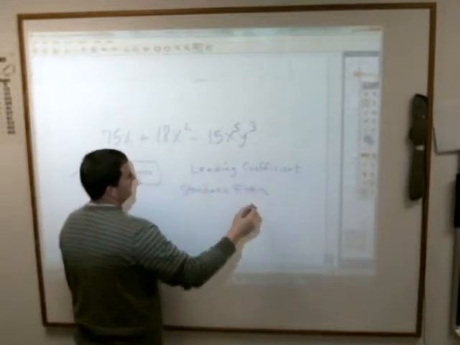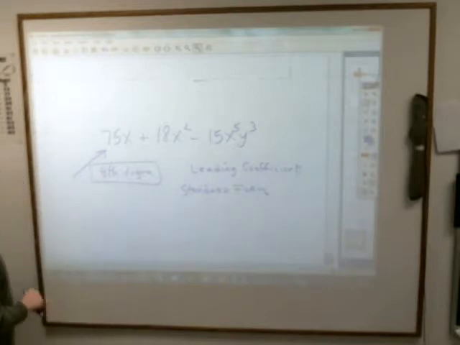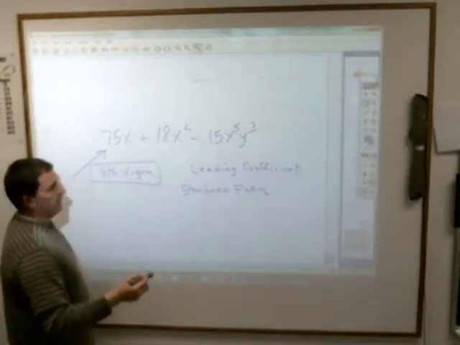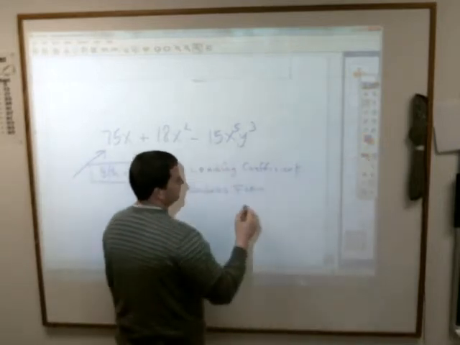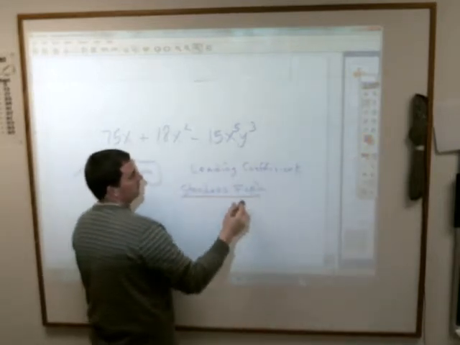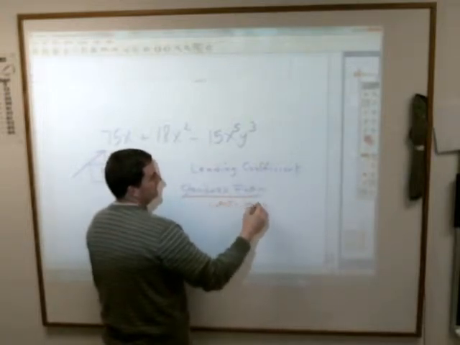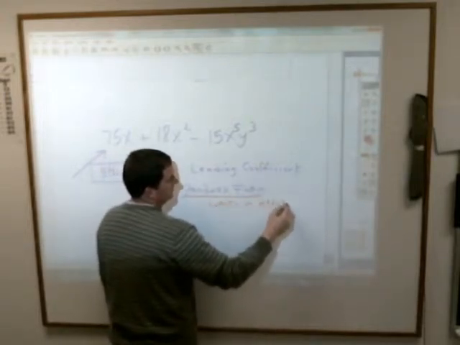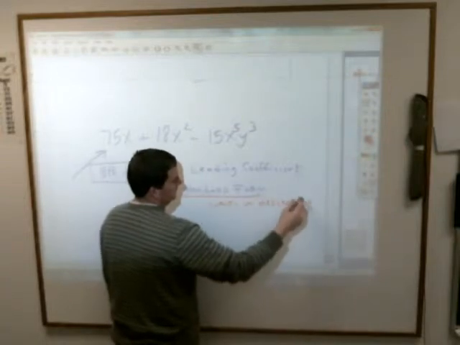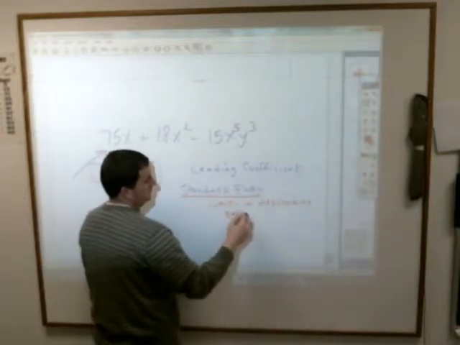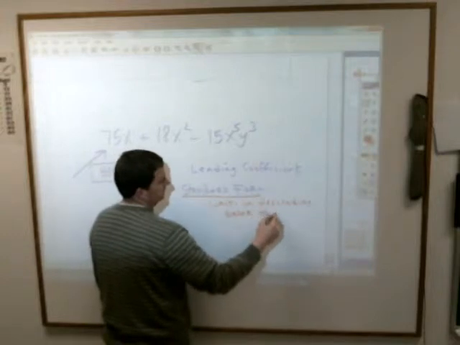Just so you can say that I told you this, even though to me it's not something of great importance here. First of all, the standard form, let's do that. When you write down a polynomial, standard form means that you write it in descending order of degree terms.